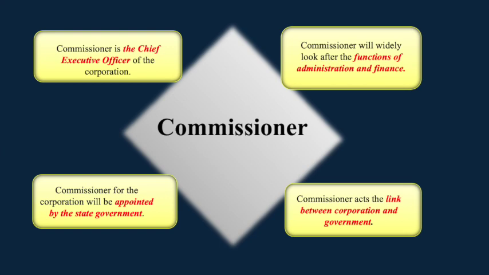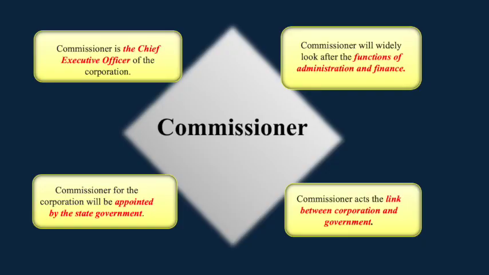He holds the responsibility of signing all the checks. Also, the commissioner acts as the bridge, the link between the corporation and the government, bridging the gap between these two.